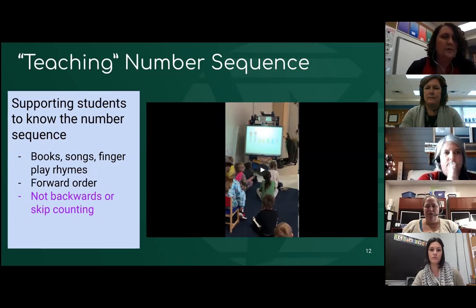Such a great question. I would do it only after they are correctly counting, like the little gentleman in the front, where they really have demonstrated that they understand how to count many different types of collections correctly.